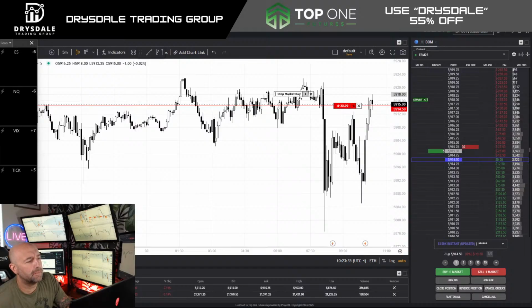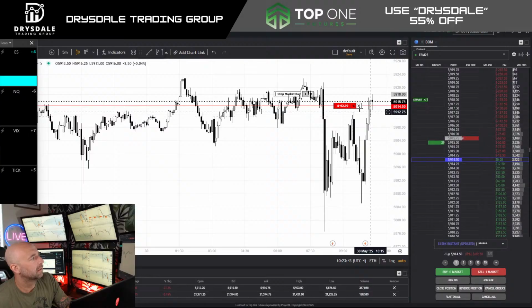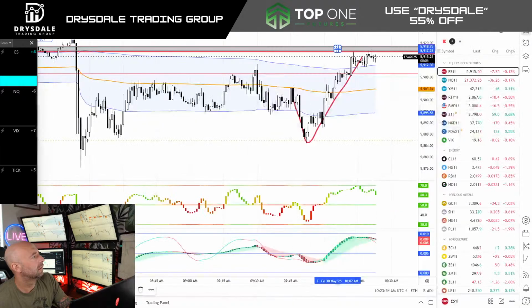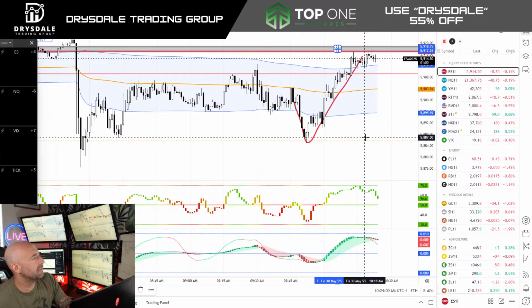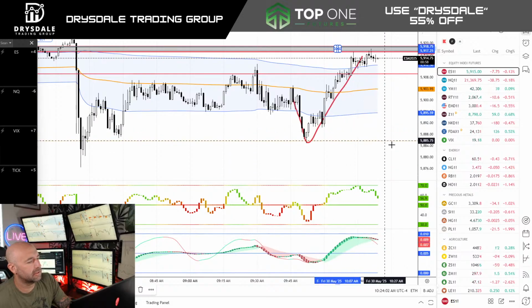Yep. I've been looking around for a good cumulative delta on TradingView, and this is the one I really like. So I've been looking for a good cumulative delta indicator that we can use because not everybody has Tradovate or has access to Tradovate.